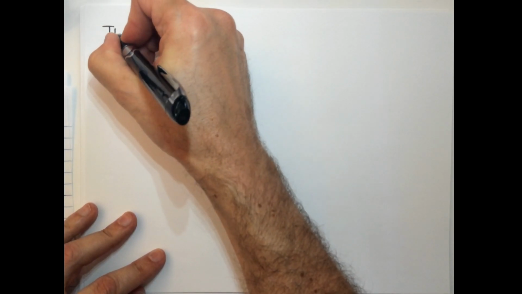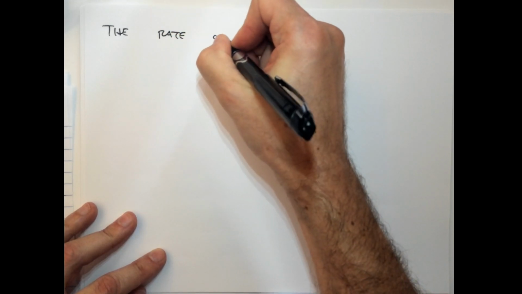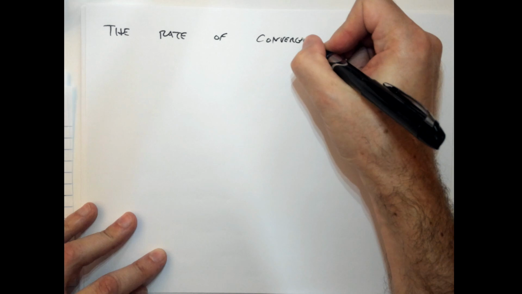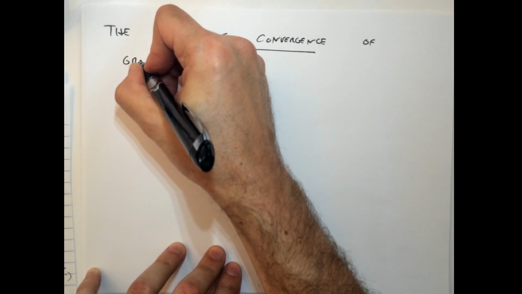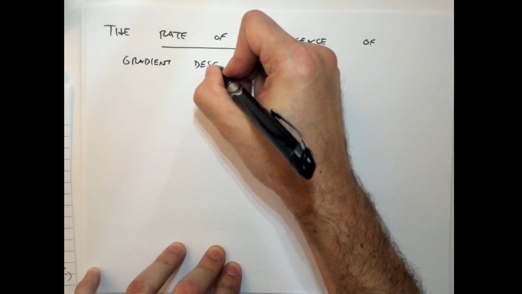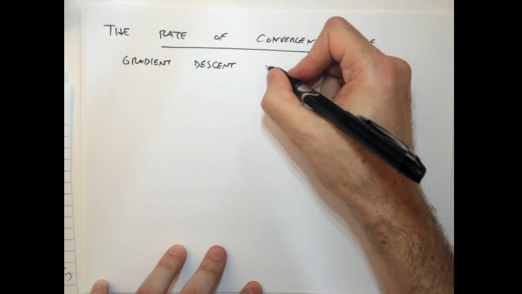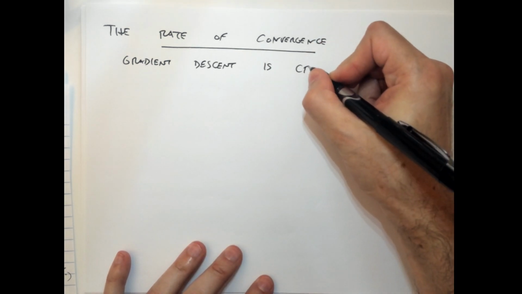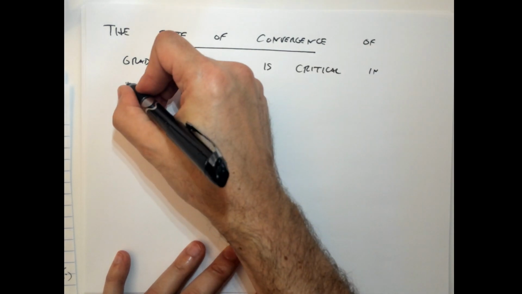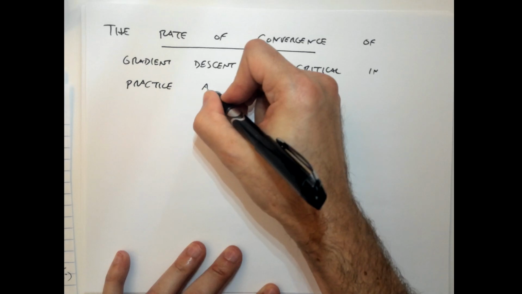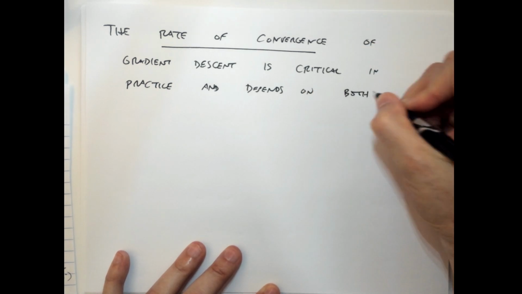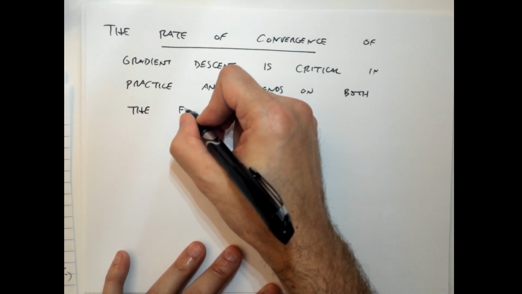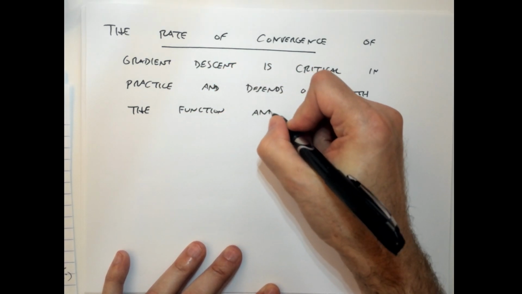So let me just say that the rate of convergence of gradient descent is a critical thing in practice, and it depends on both the function and the step size.